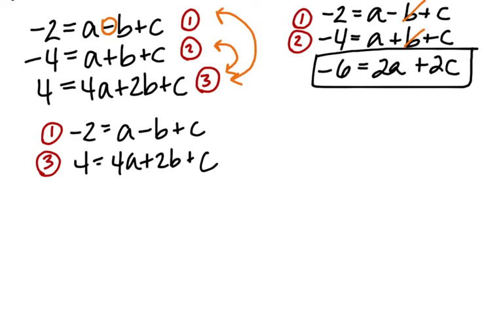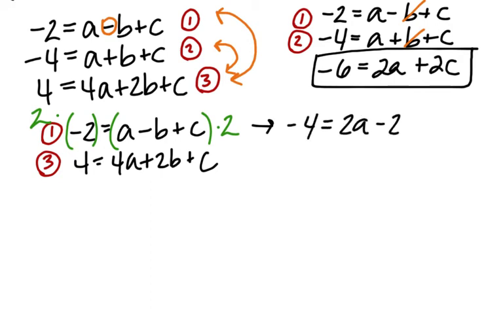So if I want to eliminate b, then I'm going to need to multiply my equation 1, my top equation, by positive 2, both the left and the right hand side of this equation. So that means now I'm going to have the equation negative 4 is equal to 2a minus 2b plus 2c. And equation 3 is the same as before.